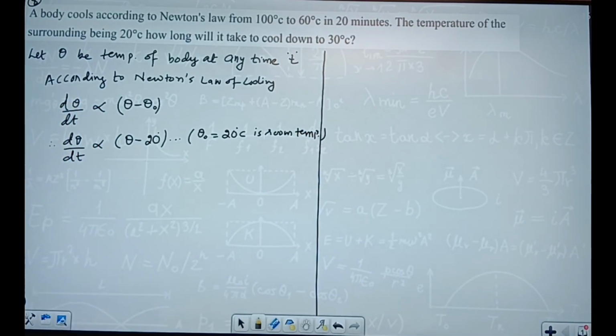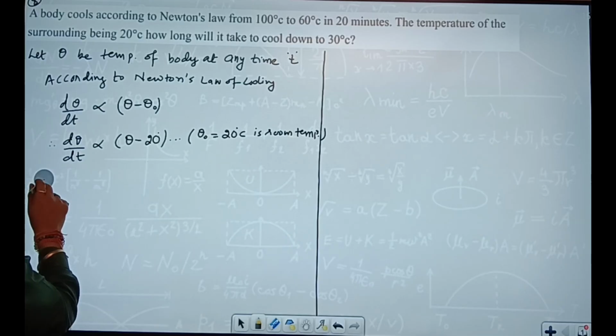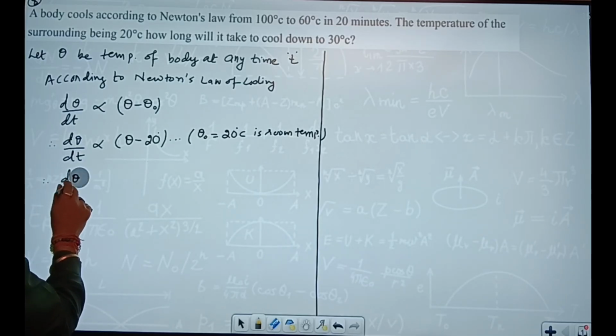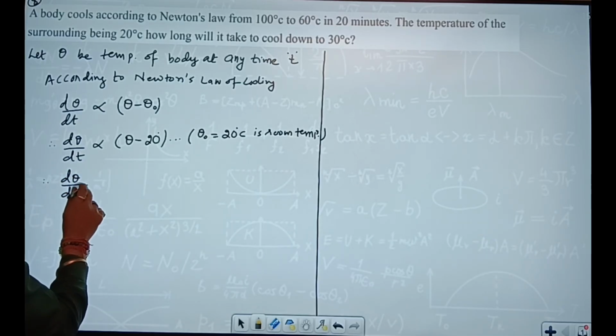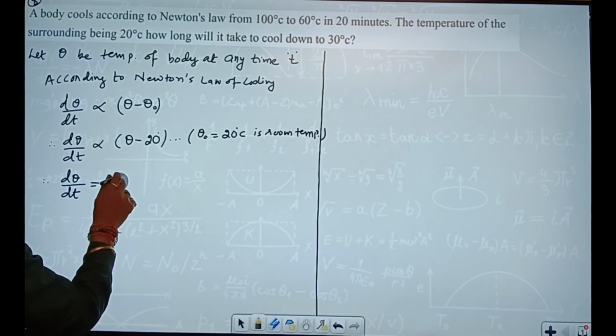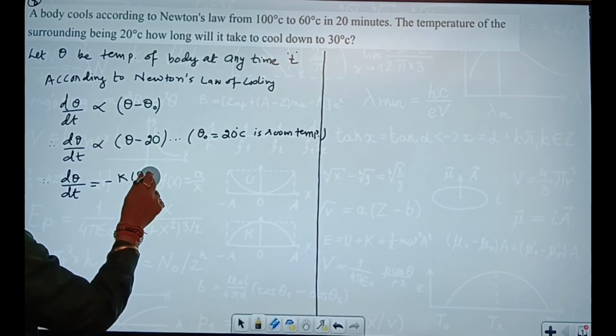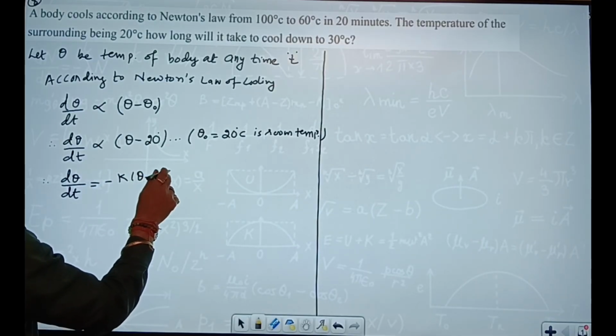The room temperature is the temperature of the surroundings. So d theta by dt is equal to minus k theta minus 20 degrees.